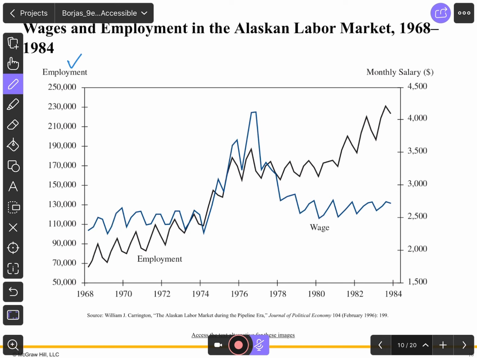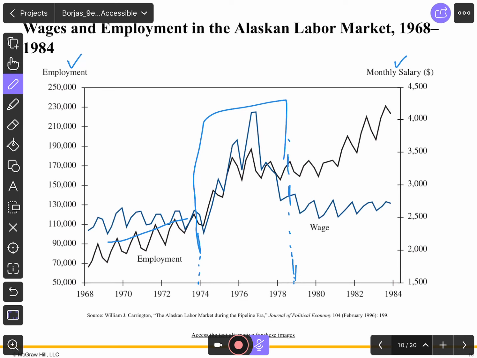So looking at the data, we have here the employment and we have here the monthly salary, and as you can see, the monthly salary and the employment are, at some points, kind of moving together, right? But there is a situation where we have a spike in the data, and this spike happened from 1974 all the way to around 1979, right?